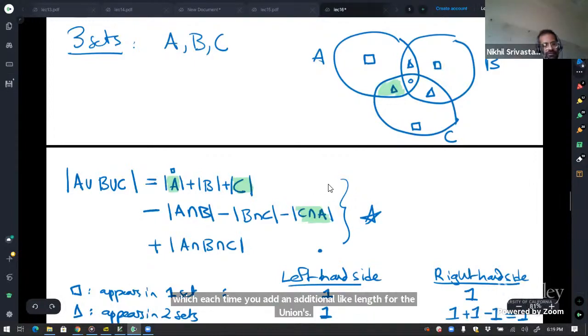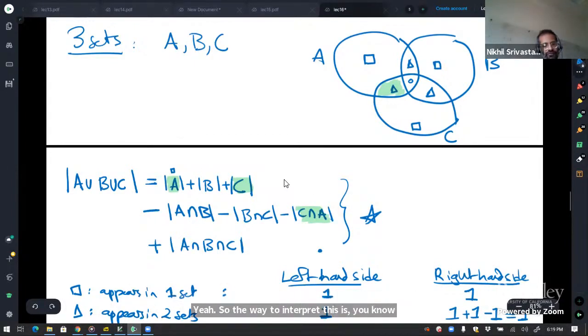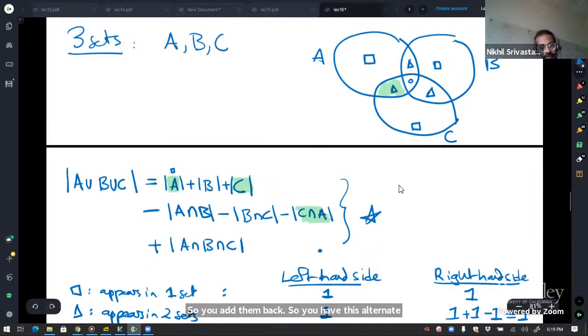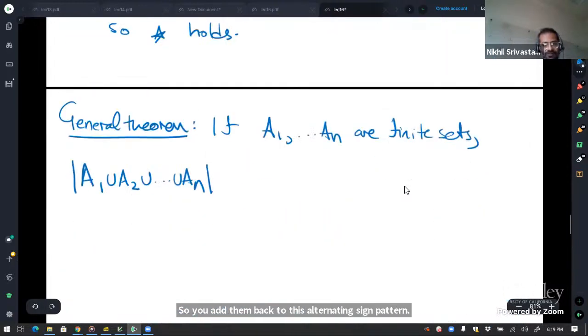Yeah, so the way to interpret this is, first you just add up A, B, and C, but then you double counted the elements that appeared in 2 sets. So you removed them. But then you removed the elements that appeared in all of the sets twice. So you add them back. So you have this alternating sign pattern. And the general principle is the same. It's called inclusion-exclusion.